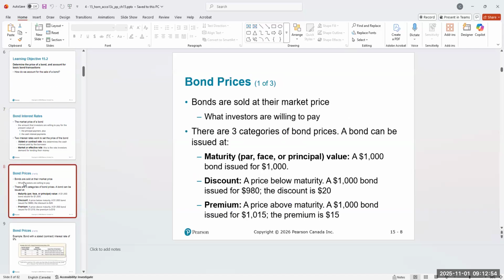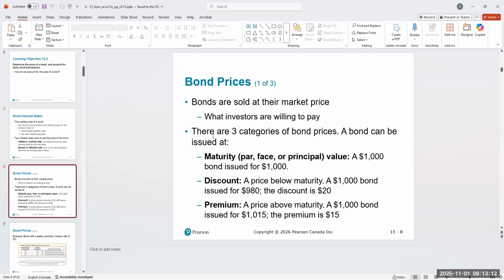That's why it's important for you to see what the rate on the bonds is and where the market rate is.